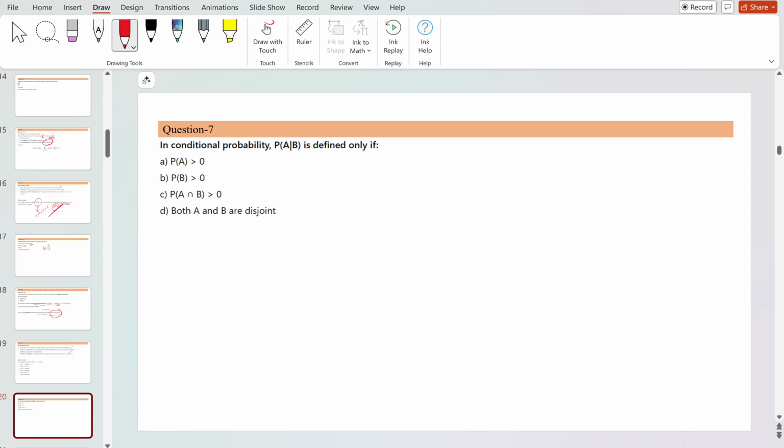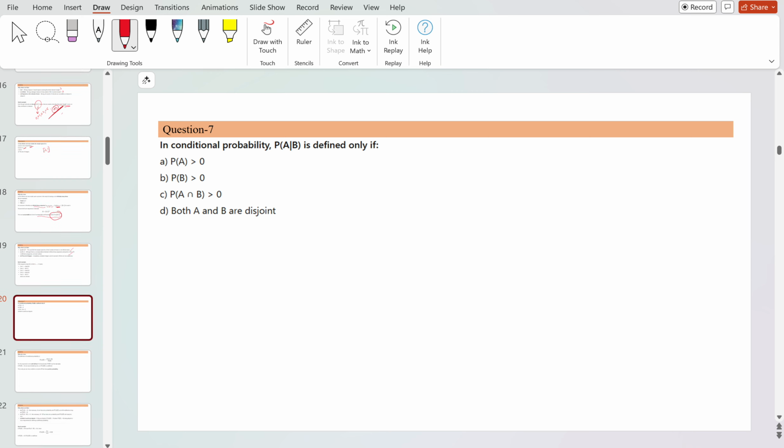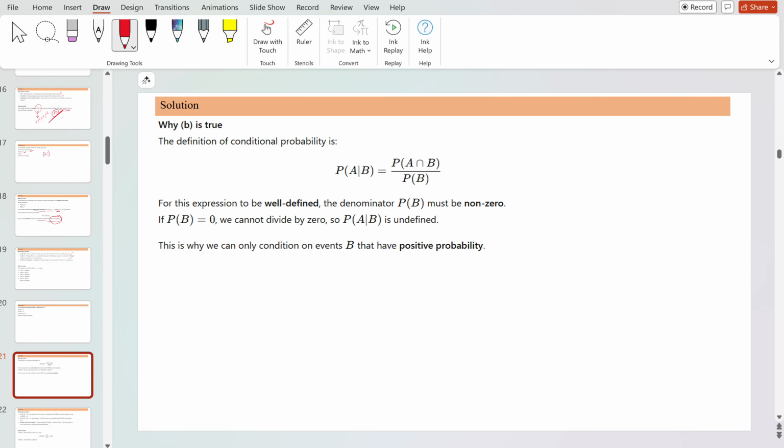If you read this problem, what it is saying is that the conditional probability P(A | B) is defined only if P(B) is greater than 0. Okay, so if you see the definition, P(A | B) is defined as P(A intersection B) divided by P(B).